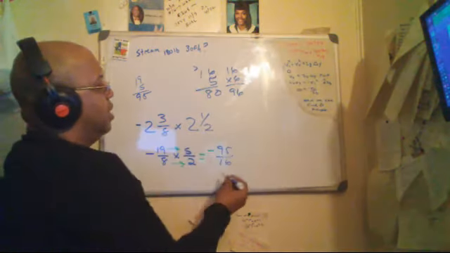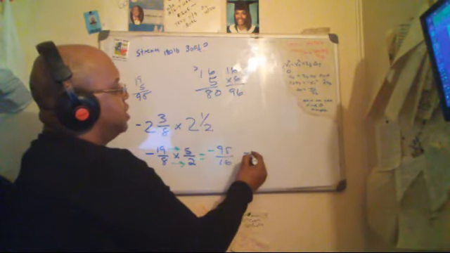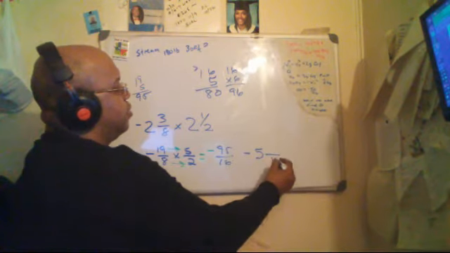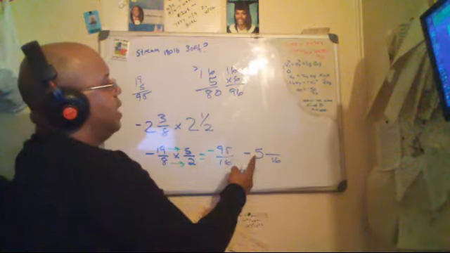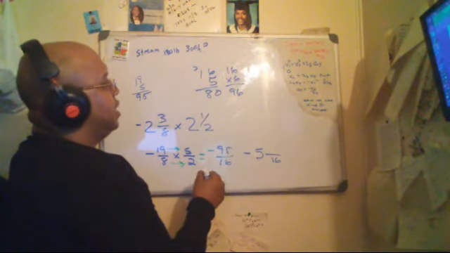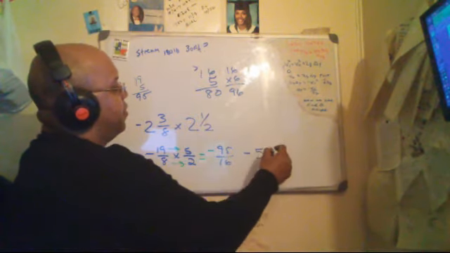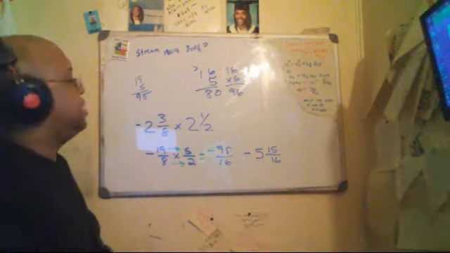It's too big, so I'll take 80. And remember, this is a negative number. So 5, and 16 will remain in the bottom. 5 times 16 is 80, and then what gets us to 95? Another 15. So it's negative 5 and 15 sixteenths.